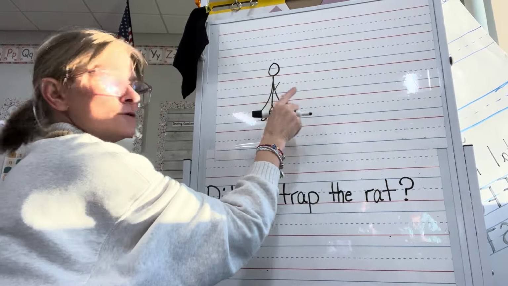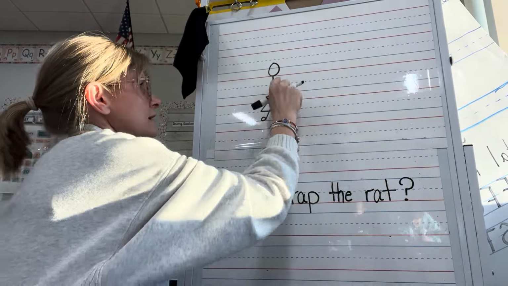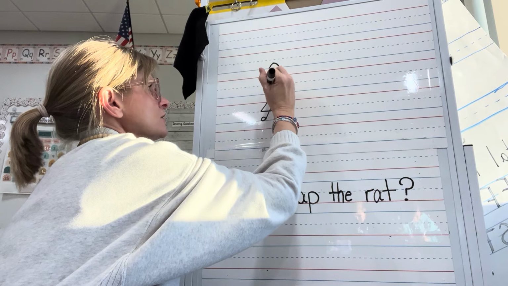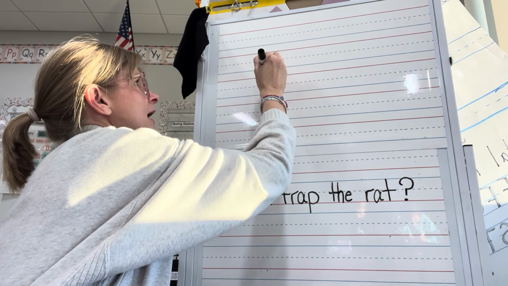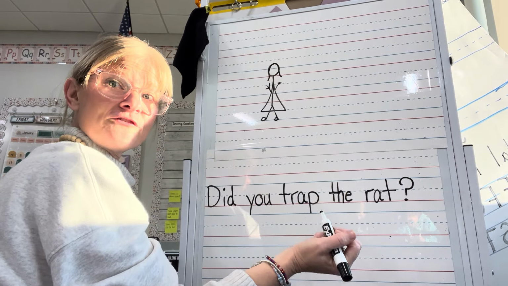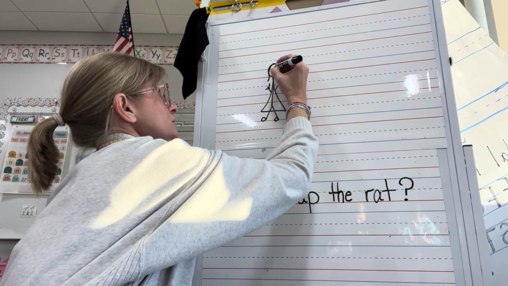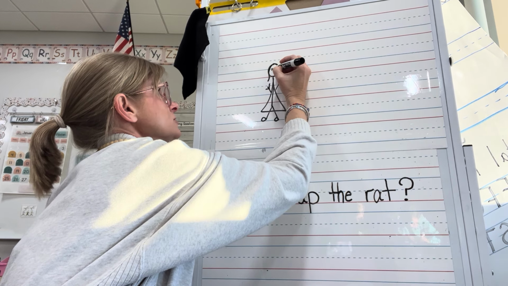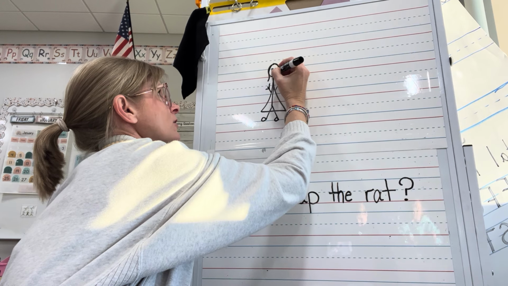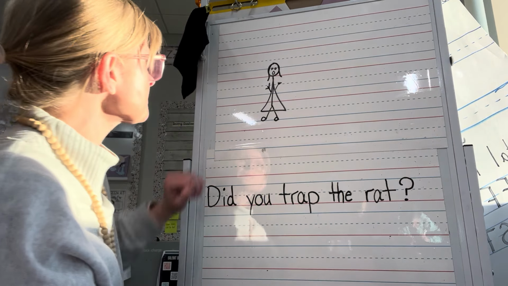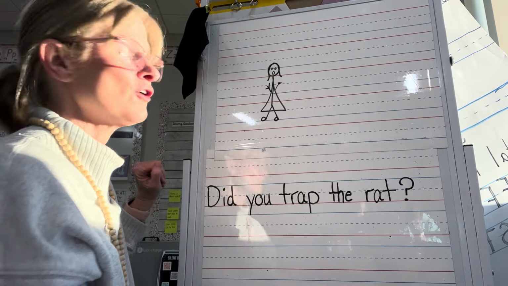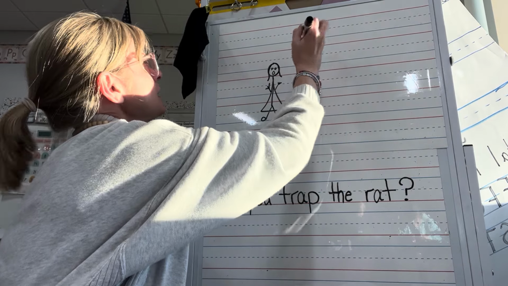I do a triangle for a dress, give one arm and some fingers, another arm and some fingers, give her a little bit of hair. Now when I draw her face, I'm gonna do circles for eyes with a little dot in it, and then I'm gonna make her a circle mouth, because, I mean, did you trap the rat? So there's my first girl, and she's talking to, let's say, maybe her mom.